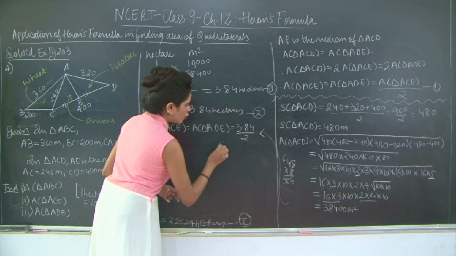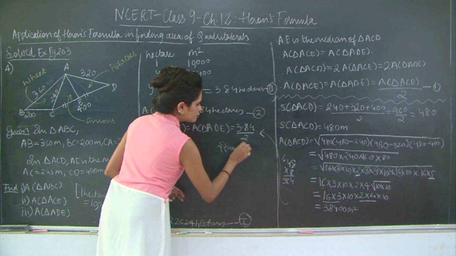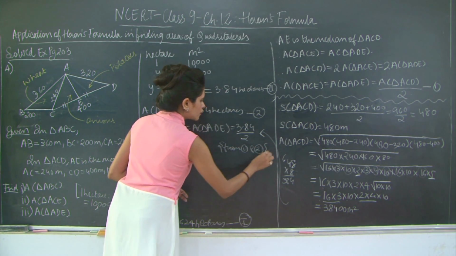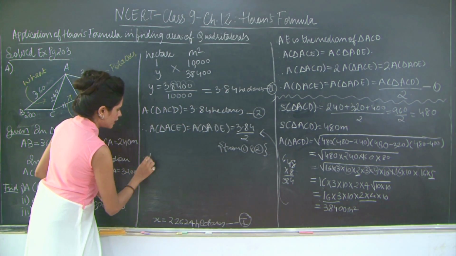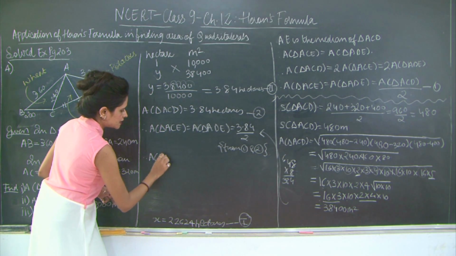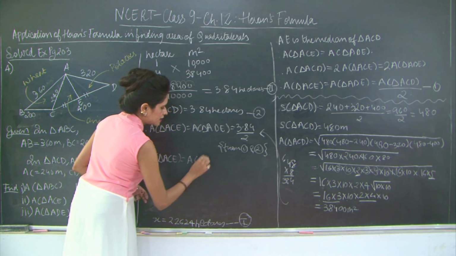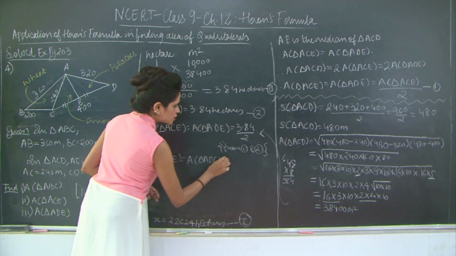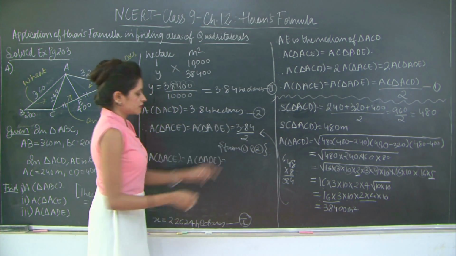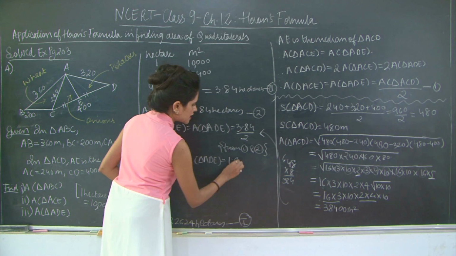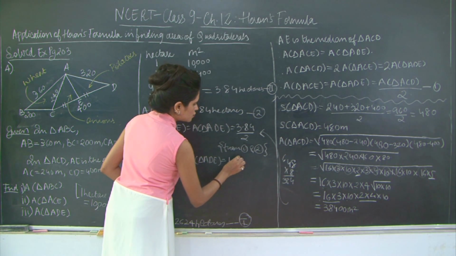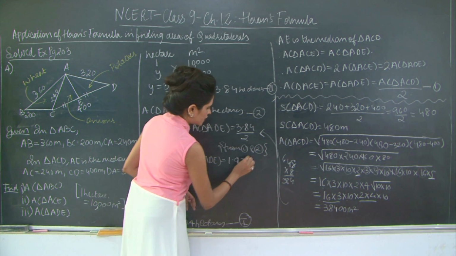So I'll say from 1 and 2. Correct? Therefore, area of triangle ACE is equal to area of triangle ADE, which is equal to 3.84 divided by 2, which is 1.92 hectares.